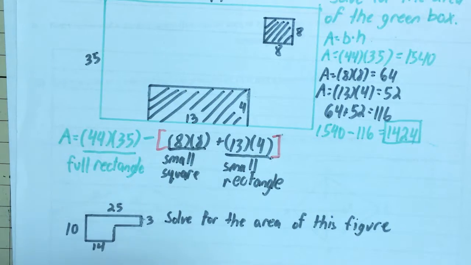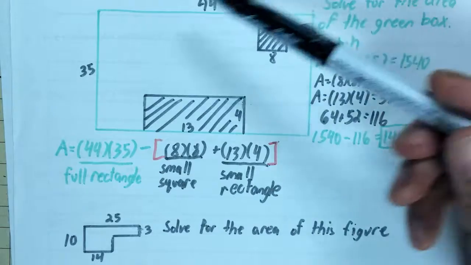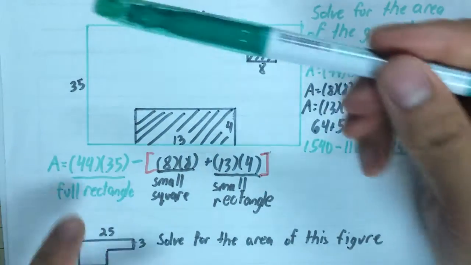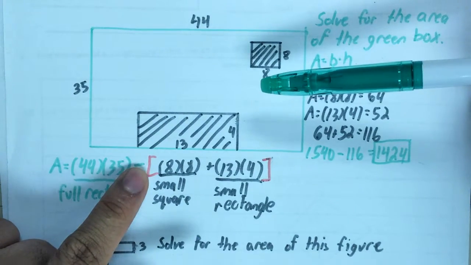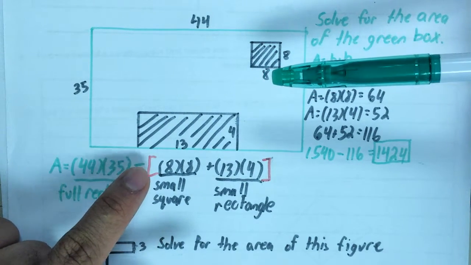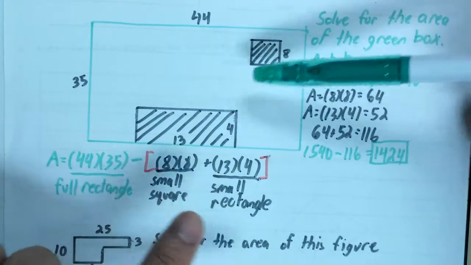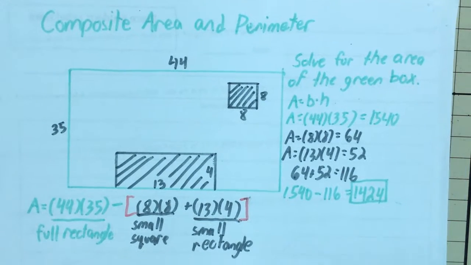So mathematically you can express this shape right here. We are taking the area of that full rectangle, then we remove, subtract, minus, take away, cut out the area of the small square and the small rectangle. So composite area.